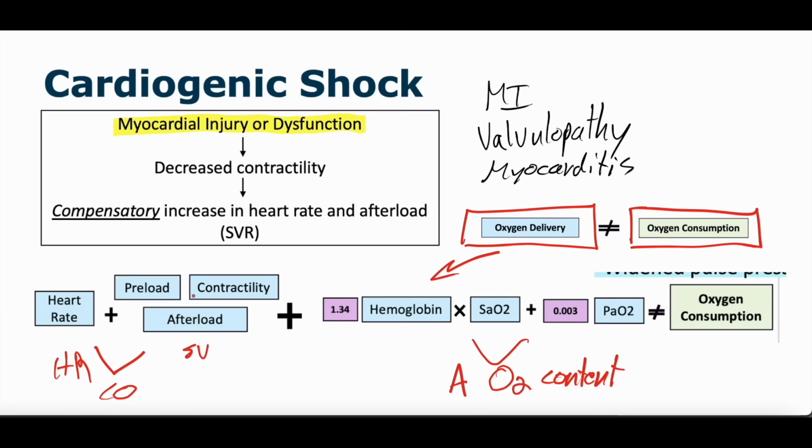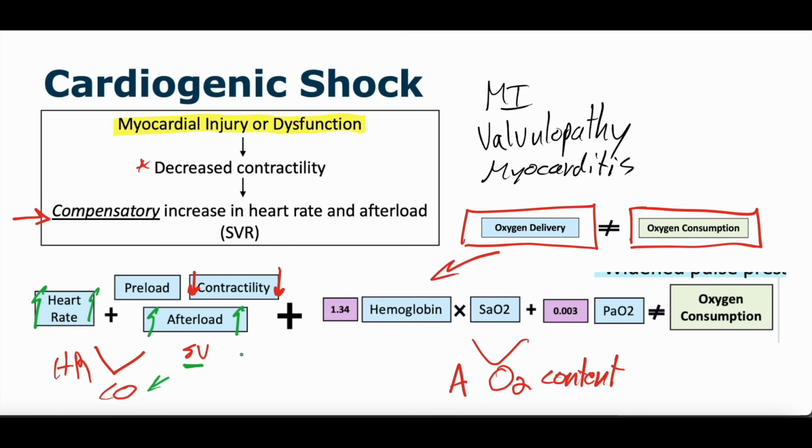So what is deranged in cardiogenic shock? I'll give you a hint. I said it. Decreased contractility. The pump cannot squeeze well enough. So what your body does to try to compensate here is it increases the heart rate and it increases the afterload, because it thinks that by increasing the afterload, you might be able to increase stroke volume and improve cardiac output.